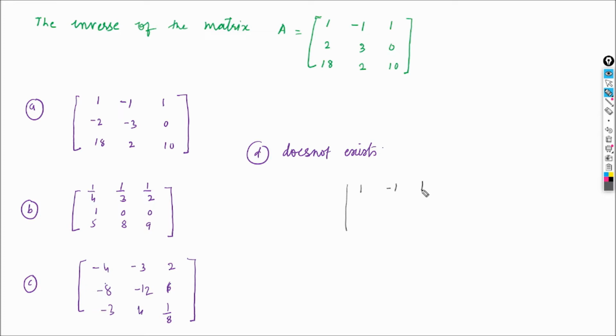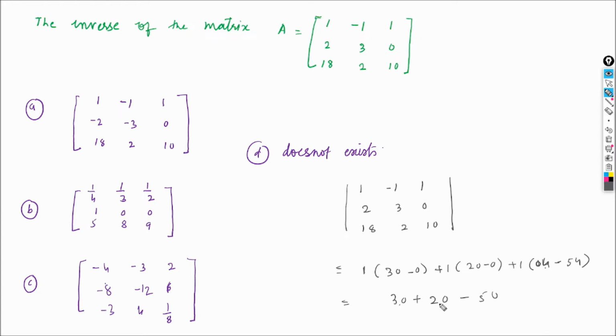So this is equal to 1 into 30 minus 0, plus 1 into 20 minus 0, plus 1 into the remaining determinant, 4 minus 54, which is minus 50.